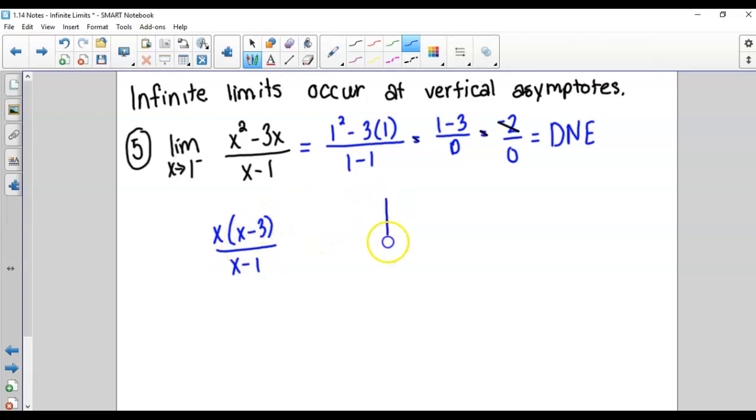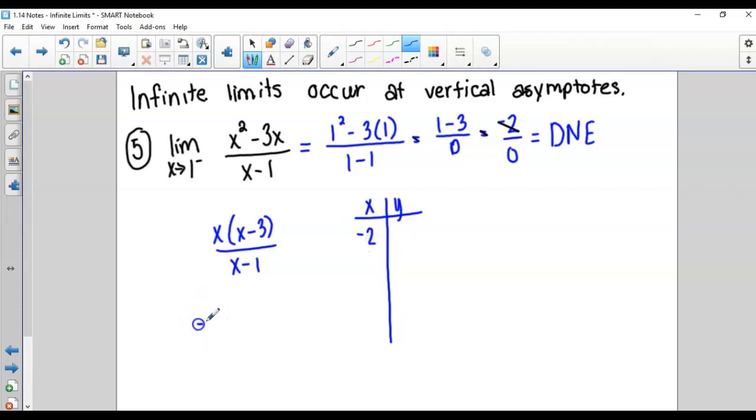So if I make myself a table, I need to approach 1 from the left, so I need values below 1. I'm going to start at, let's say, negative 2.